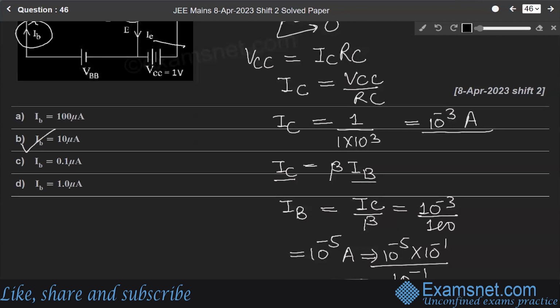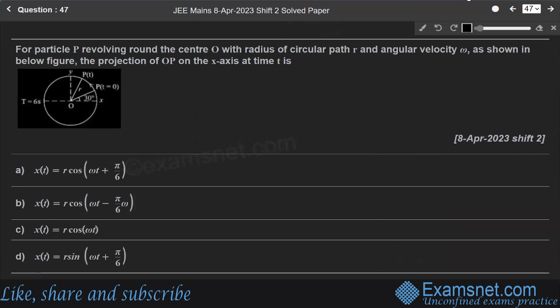Now moving towards our next question, question number 47. It says that a particle P is revolving around the center O with radius of circular path r and angular velocity omega, as shown in the figure. The projection of OP on the x-axis at time t is. This is directly from the chapter kinematics.